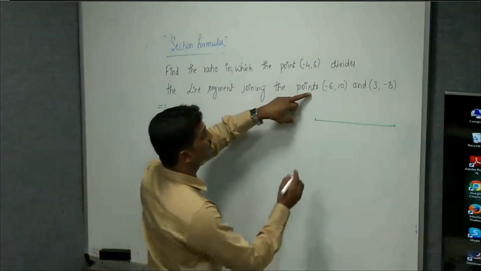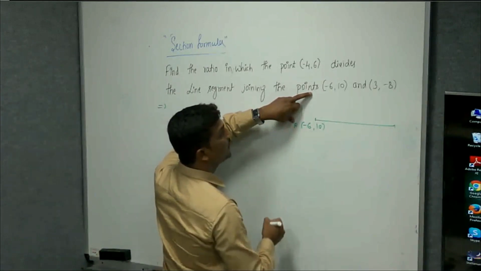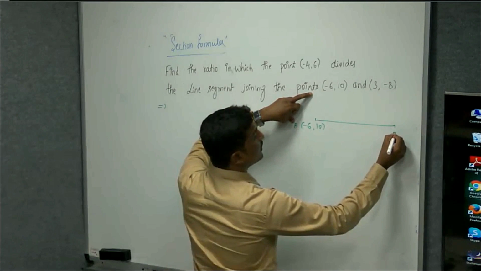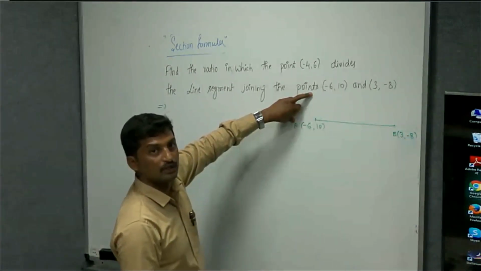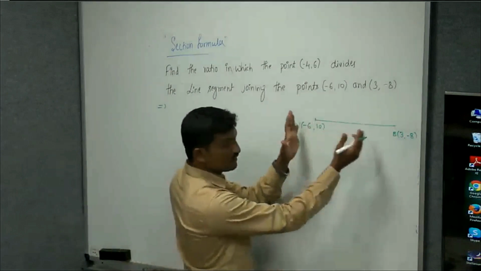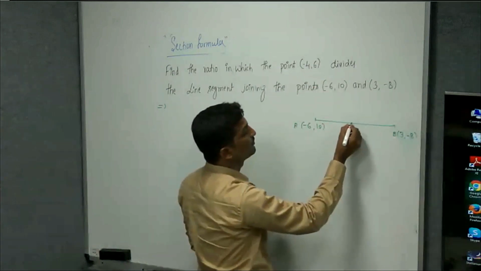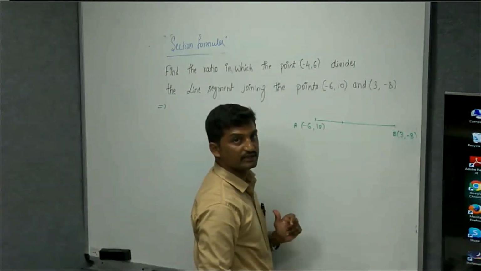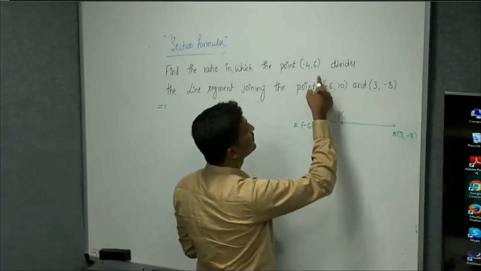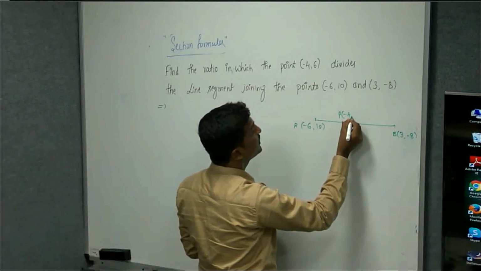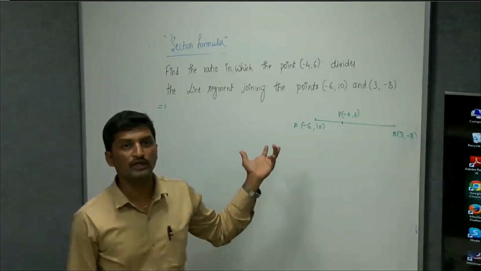Let us call minus 6 comma 10 point A, and this is another end of the line segment, 3 comma minus 8. Now between these 2 points there is one more point which lies somewhere here. We don't know where it is exactly. This is the point P. The coordinates of this point P are minus 4 comma 6. So they have given the coordinates of all the 3 points.